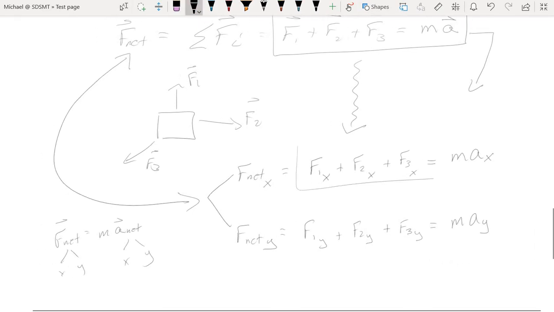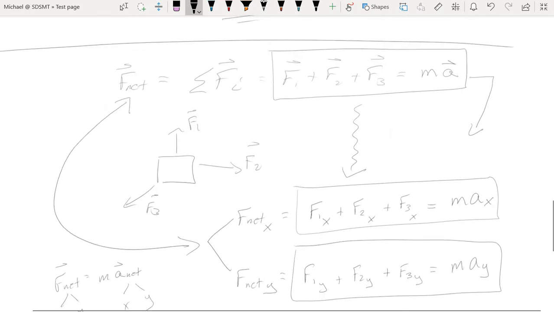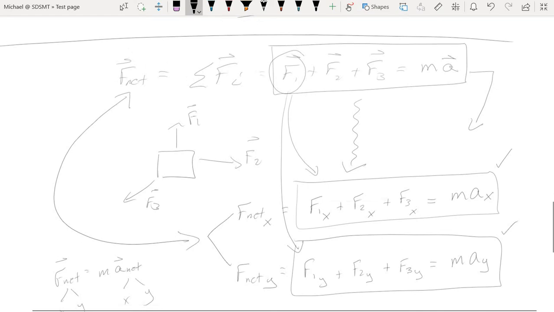And so this method of taking our individual forces and breaking them up into components and then treating the system as 2 one-dimensional problems is far easier and far, I would say, cleaner in terms of trying to keep track of everything.